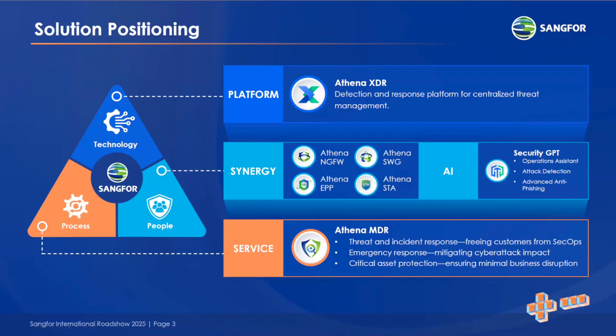XDR will do the detection, the data correlation, the data standardization, and XDR will also give you auto response. Our XDR is positioned as a one-stop solution to cover all the security operation issues. So not only detection, but also response, visibility, reports and the ticketing system. Later, I will break down the XDR because it's the fundamental platform that we need to consider. And I think all the worries and all the concerns can be resolved within the XDR.